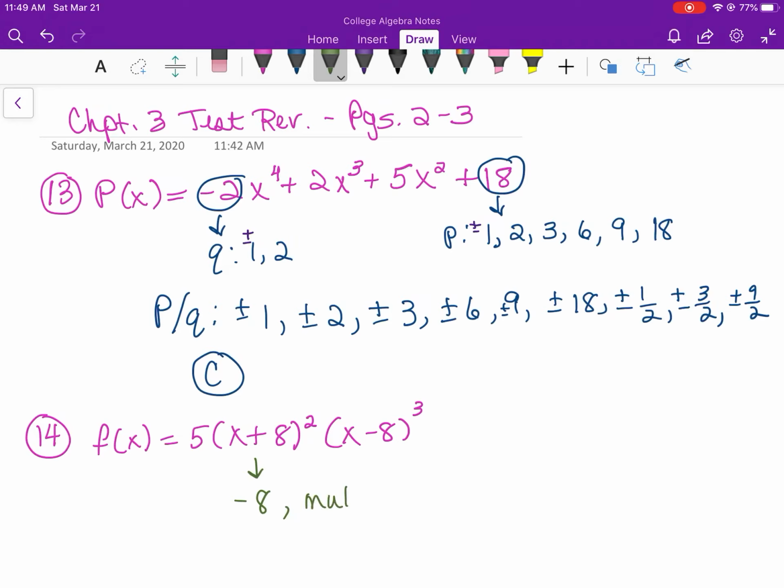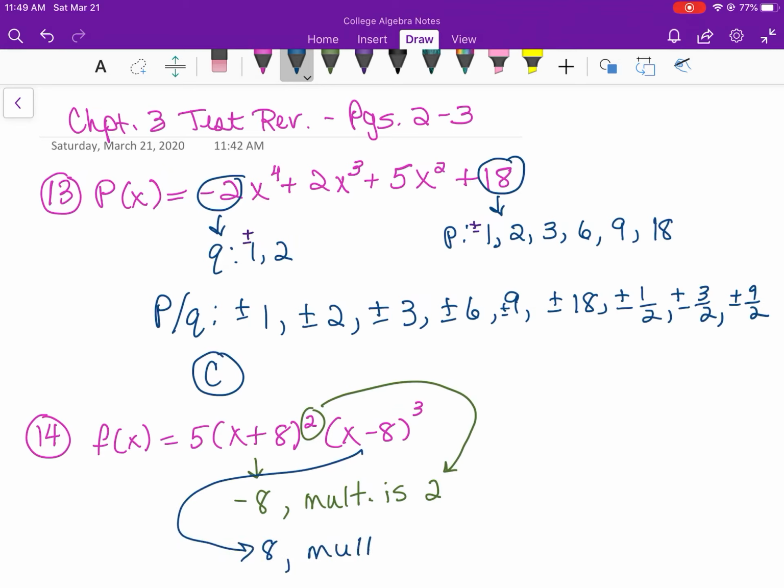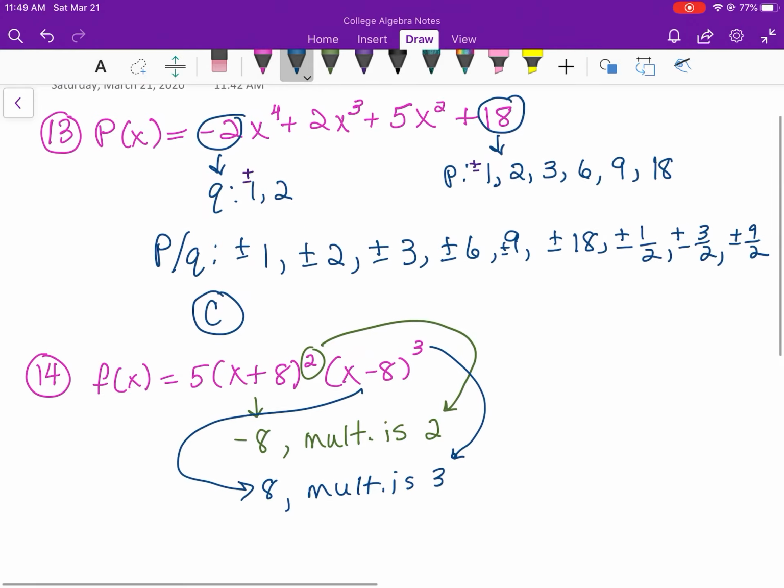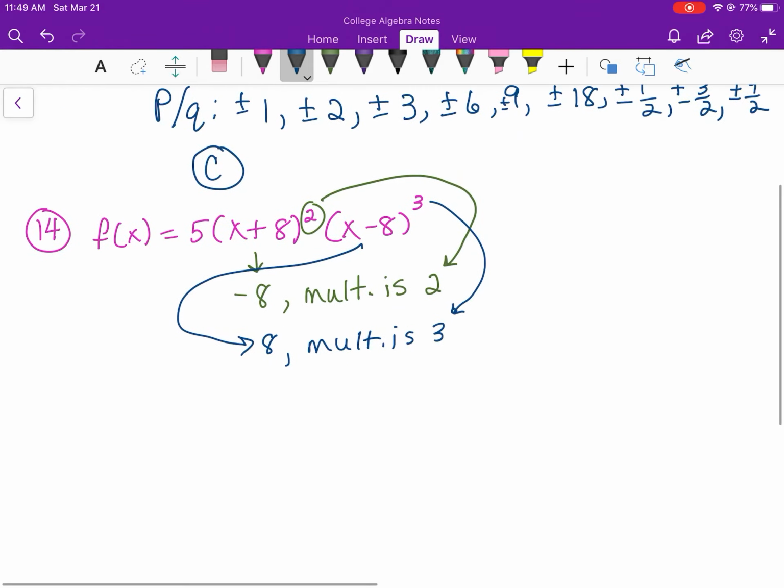Its multiplicity is 2 from here. And then we will also have 8 as a 0. Its multiplicity is 3 from there. That looks to me like answer choice B.